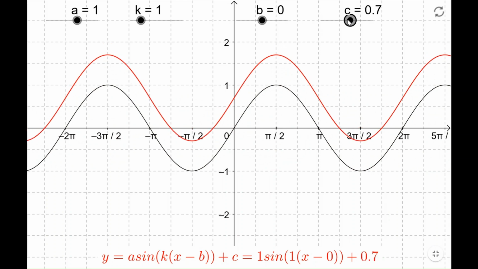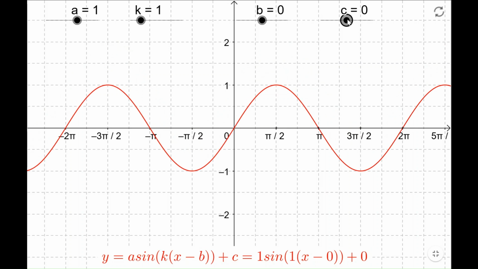If C is equal to 0, then the graph is centered on the x-axis. So if I have y equals sine of x plus 0, we're not moving it up or down, so the graph is centered on the x-axis. The top of the graph is 1 unit above the x-axis, and the bottom is 1 unit below the x-axis.